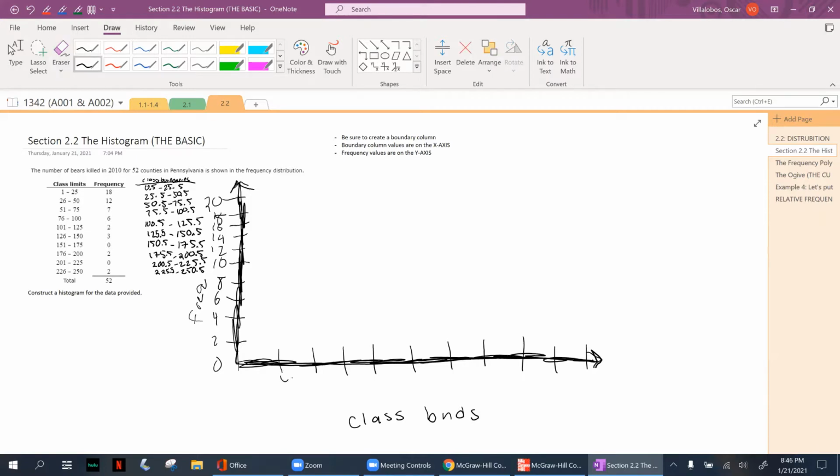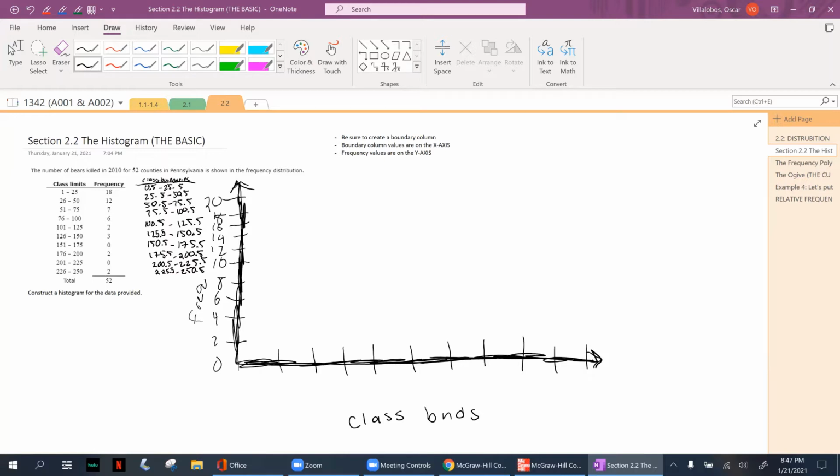This other part here is going to consist of 25.5 through 50.5, and so forth. In other words, each one of these bar entries is going to be for each class.